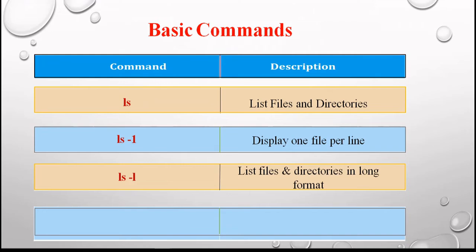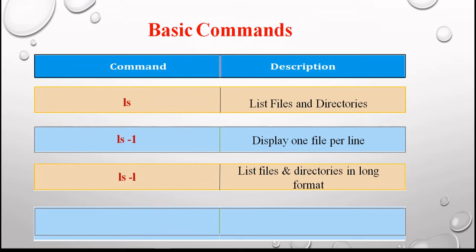And what are the different details that we are going to see? We will get to see the permission given to the files and directories, and if it is a directory, it will be starting with d in the permission part, and if it is a file, it is starting with a hyphen. Then comes the number of memory blocks allocated to the directory and file. We give more memory blocks to the directory as compared to the file.